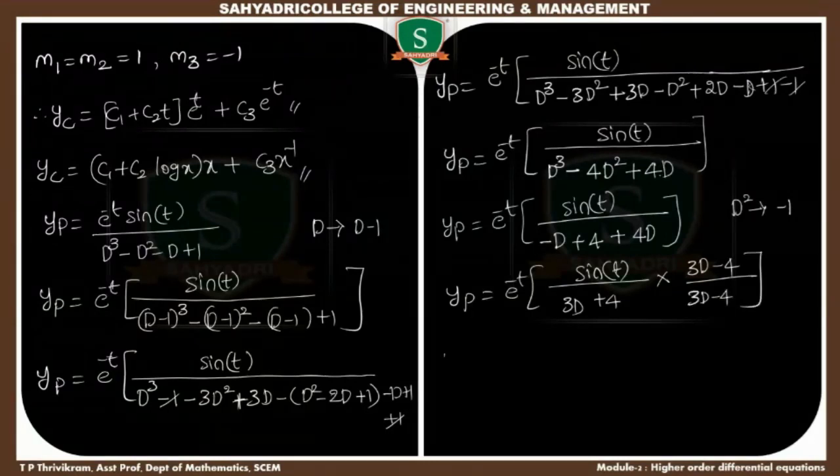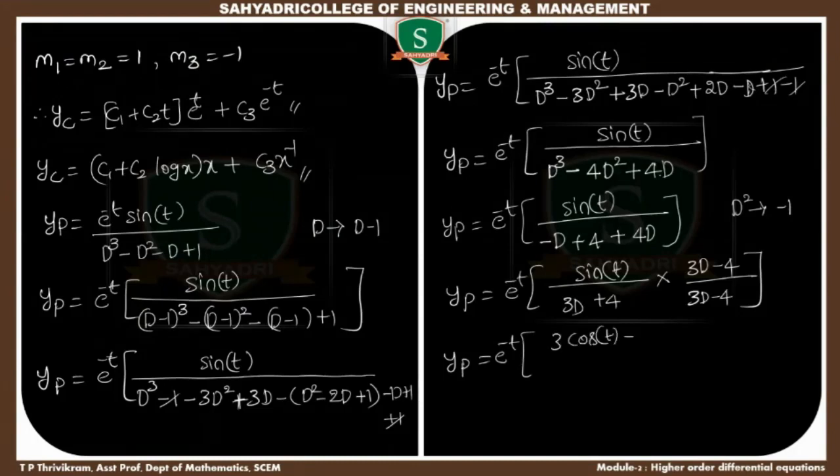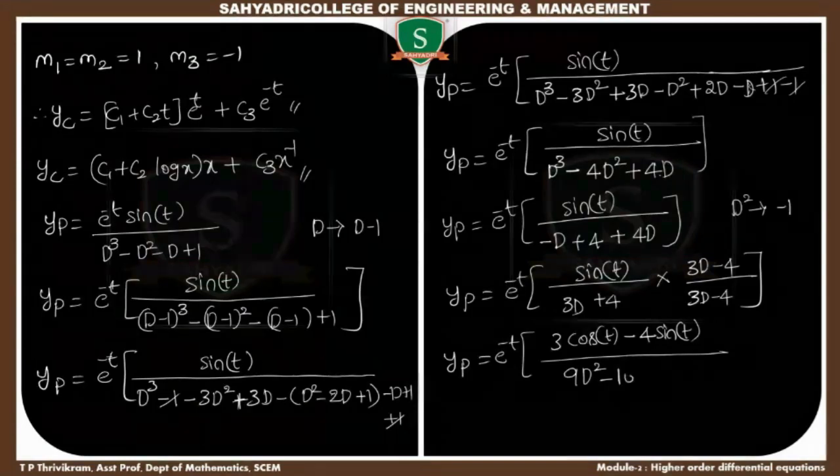So therefore yp is equal to e power minus t. So 3 into differentiation of sine t is cos t, minus 4 sine t, divided by a plus b into a minus b. You'll get 9d square minus 16.